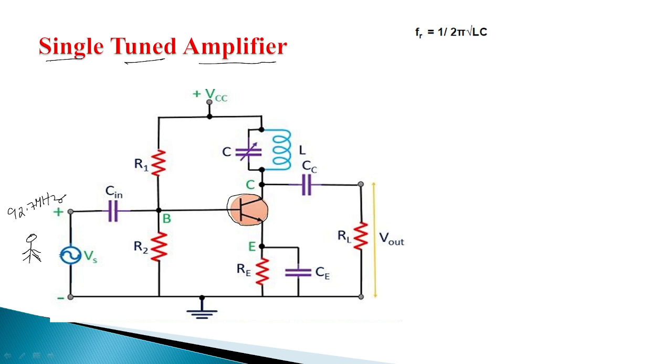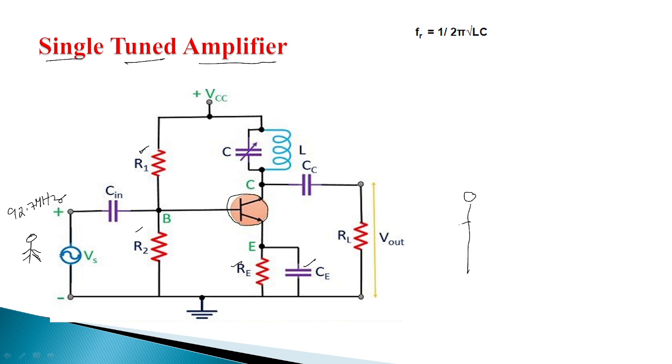R1, R2 resistors, and RE and CE, the emitter resistance and emitter capacitance, are the biasing components to set the Q point. As we know, by using these we can set the Q point to get the output perfectly.